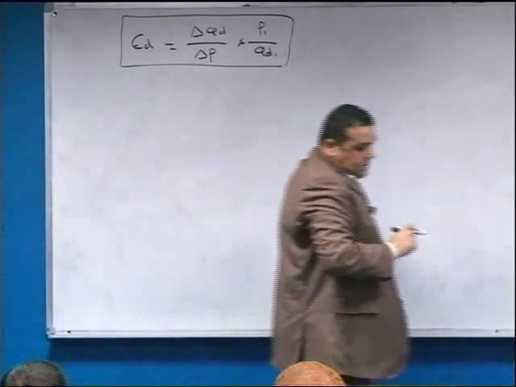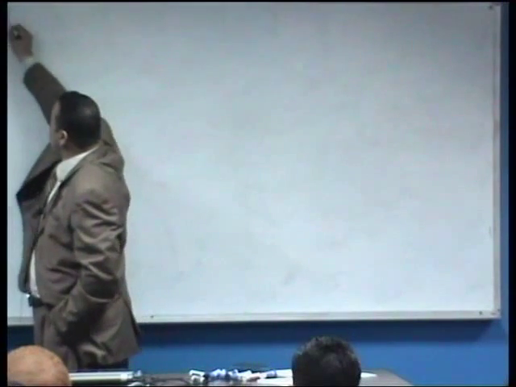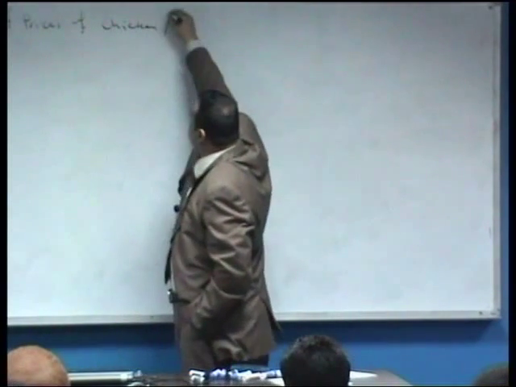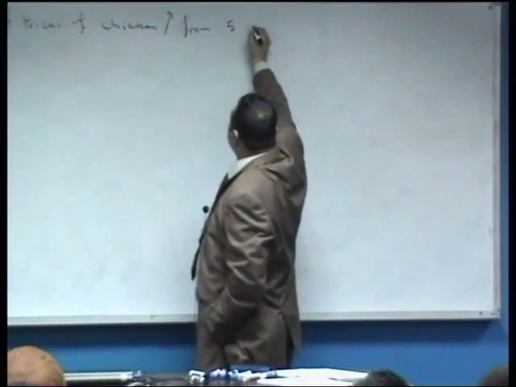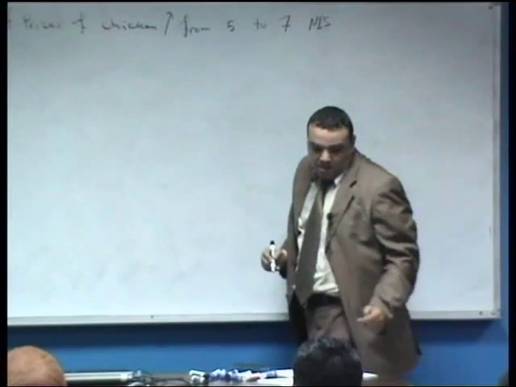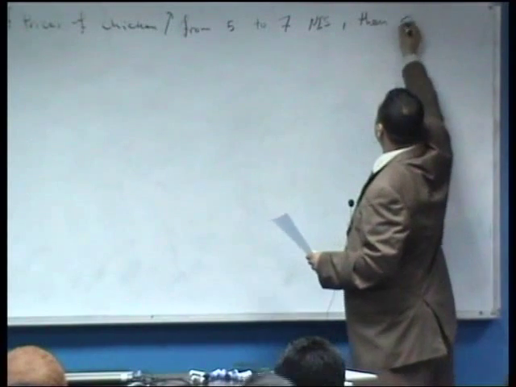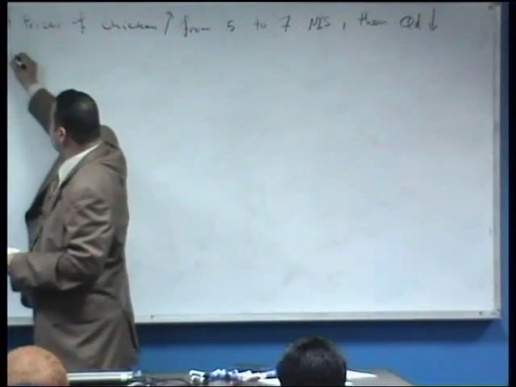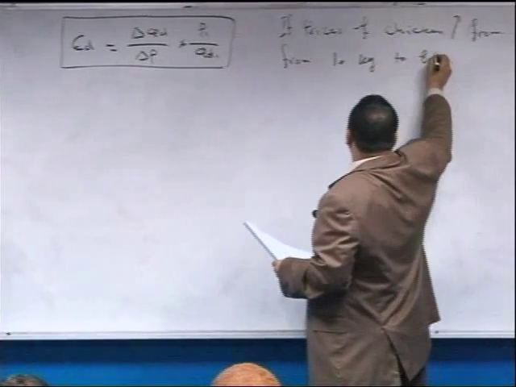So suppose that the prices of a chicken increased from 5 to 7 in new Israeli shekel, then the quantity demanded declined from 10 kilogram to 8 kilogram.